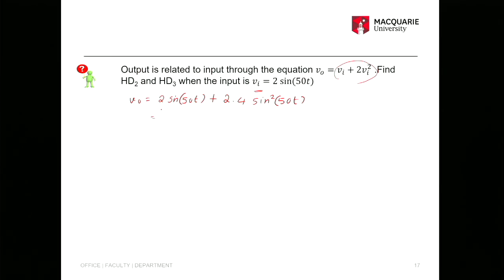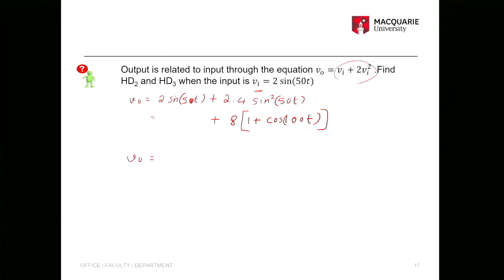Just leave that alone because that's in the omega t term. If you expand this one, you get 8 sine square 50t, which is 1 minus cos 100t. The bracket is there.